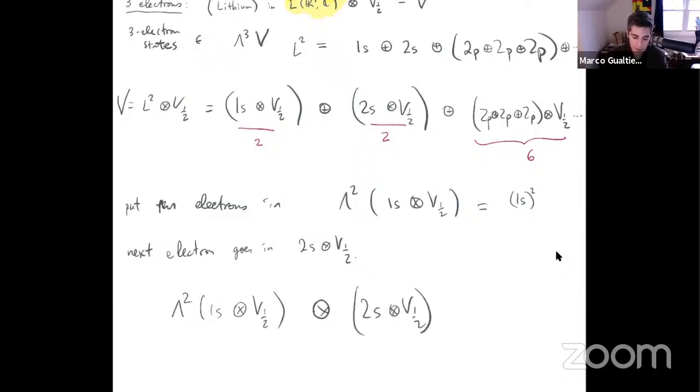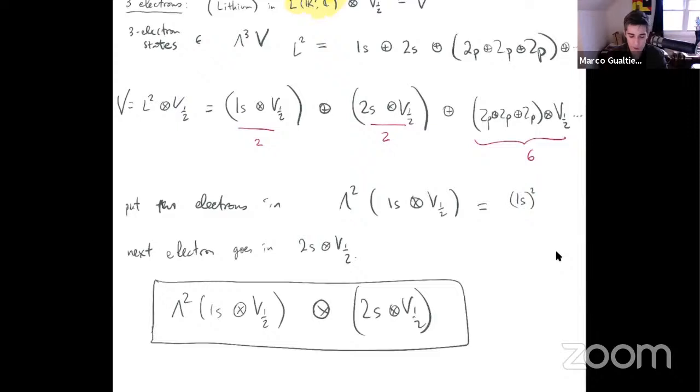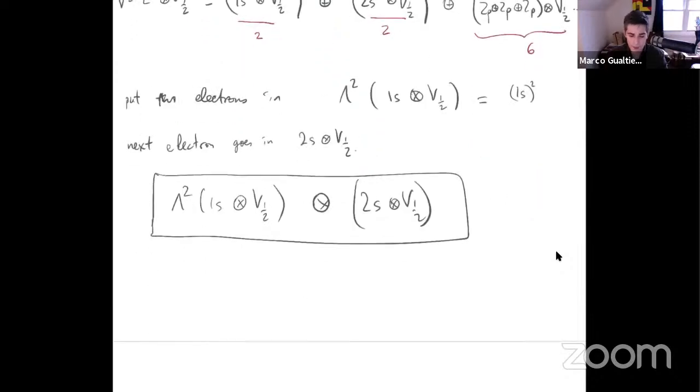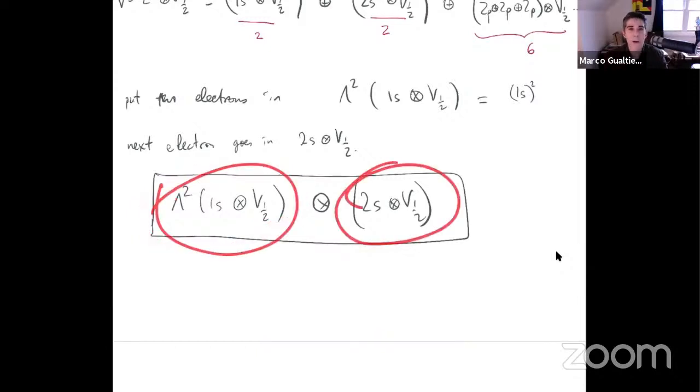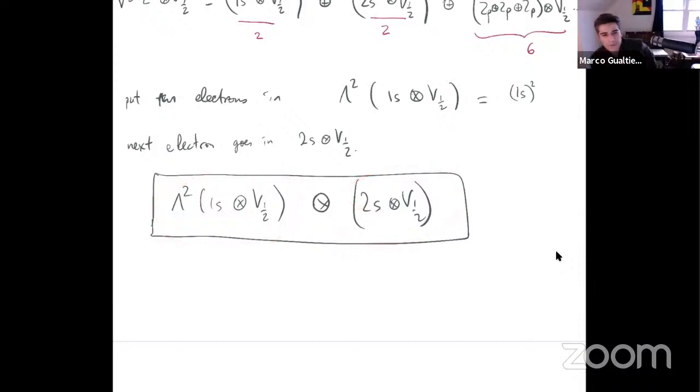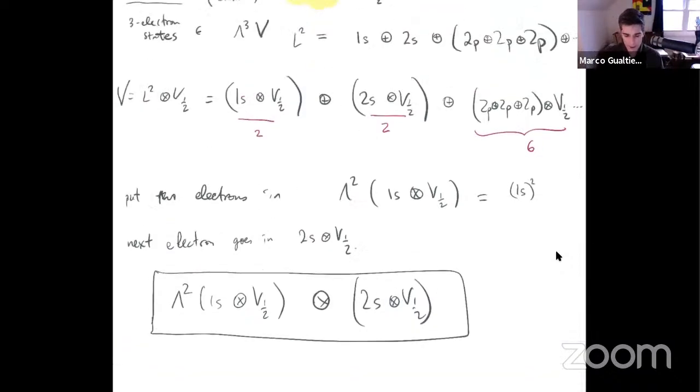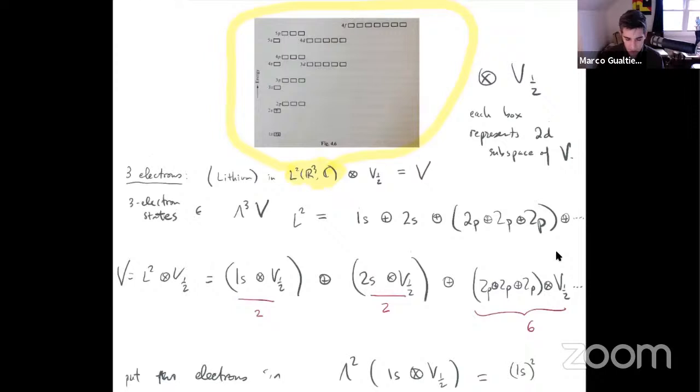This is where the electron state would reside. We have a pair of particles at one energy level, and then another particle at the next energy level. I don't think I had time to get to this last time.